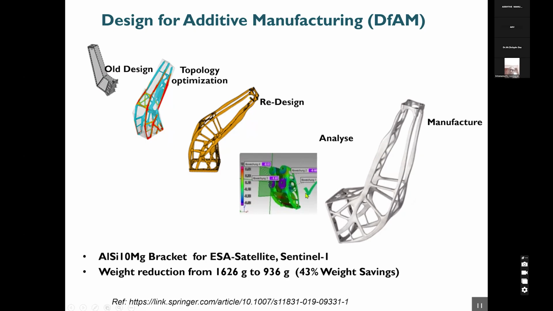And once we find that the redesigned part can meet the intended functional requirements, we can manufacture it using additive manufacturing. So this is one example of the ESA satellite Sentinel-1 bracket made through additive manufacturing, wherein you can see 43% weight savings could be achieved compared to the conventional manufacturing process, which used to manufacture the bracket in this manner.